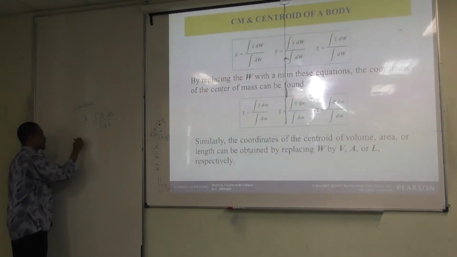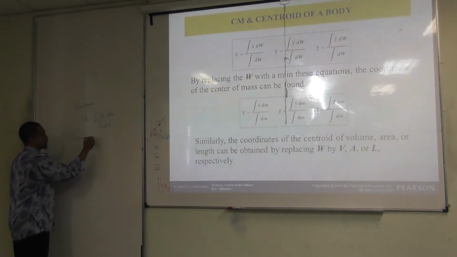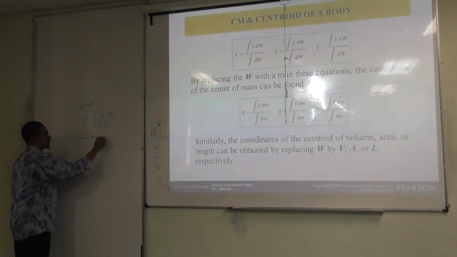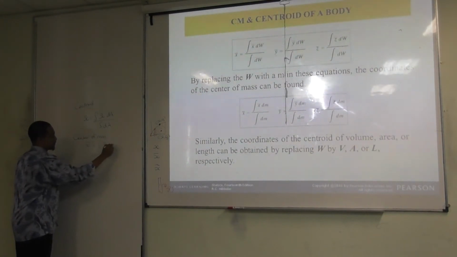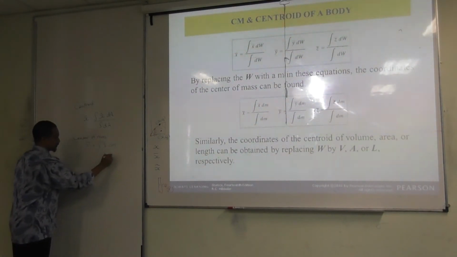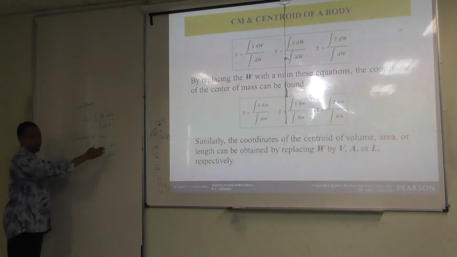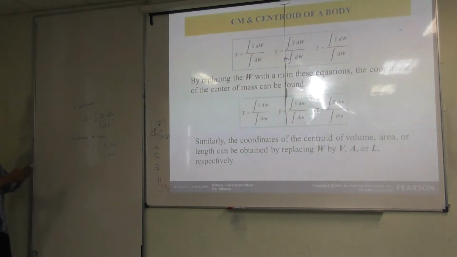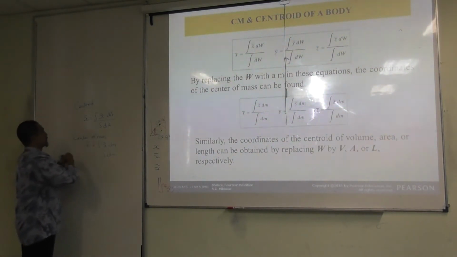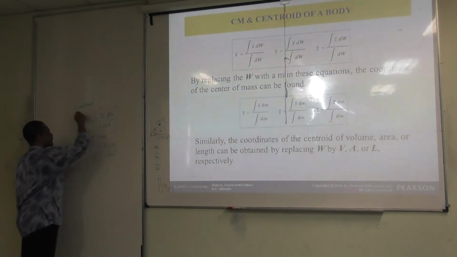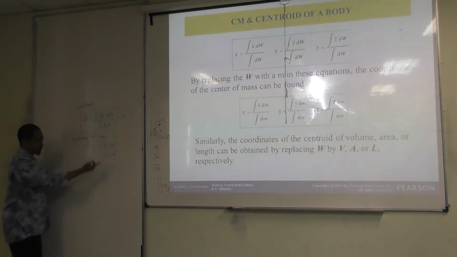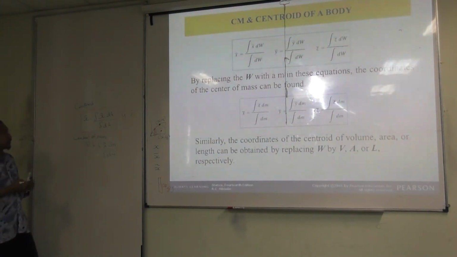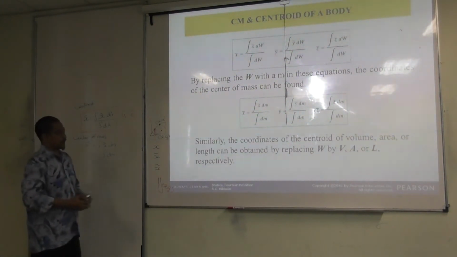So for center of mass, you just change area to mass, right? Etc. Centroid is weight, etc. Right? So if you memorize one and you understand, you can basically know what to do with y and z, and you know what to do with mass, weight, etc. Okay. Right. So that's the equation.